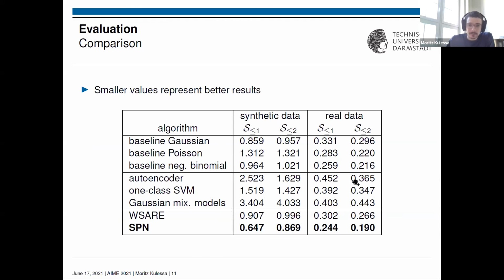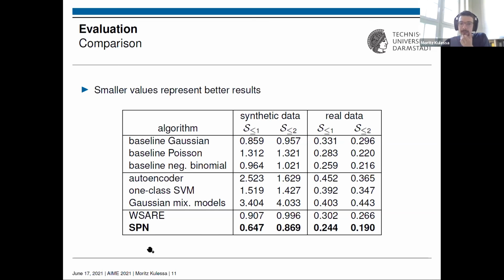So these are our results. We have evaluated two scenarios on each data set, one for only monitoring disease patterns of S1 and one for disease patterns of S2. We have compared to some baselines, which we have proposed in an earlier work, which already perform quite well. Then we have compared to some common anomaly detectors and to a state-of-the-art algorithm, which is the WSARE algorithm, a state-of-the-art algorithm in the area of non-specific syndromic surveillance.